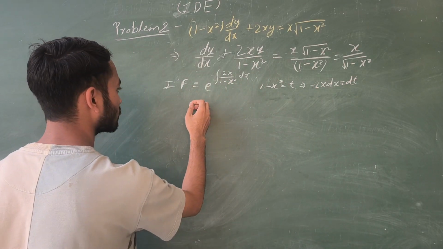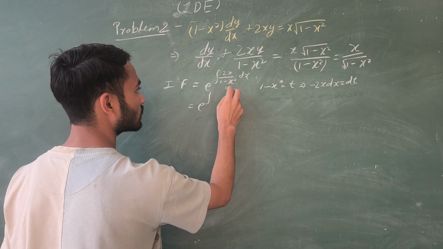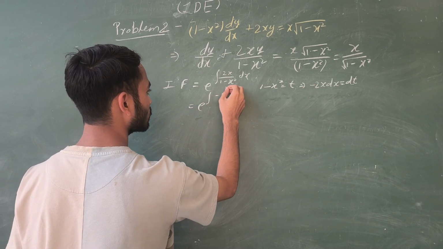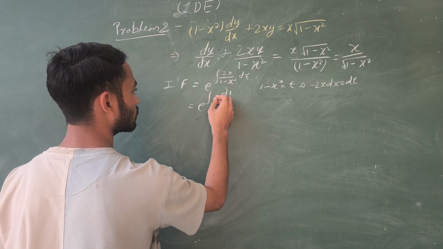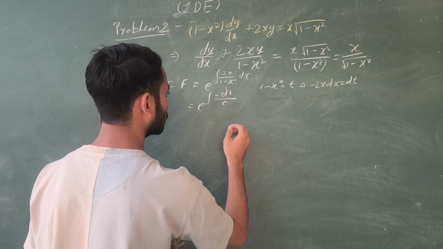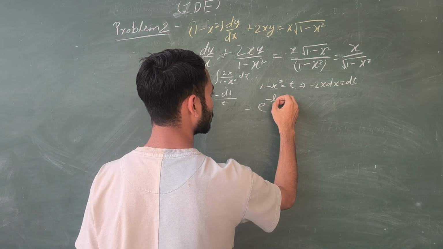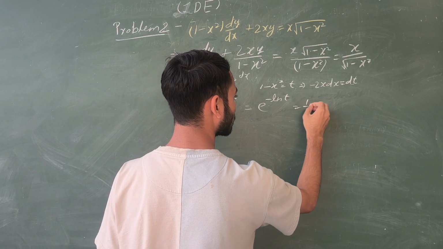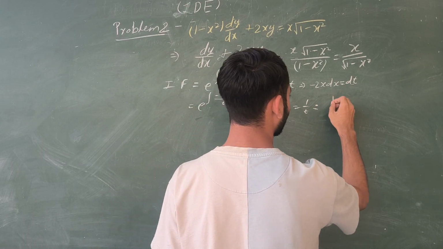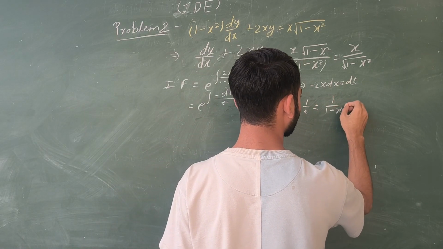So what we will get? e to the power integration of 2x dx is minus dt, and this is simply t. This will be e to the power minus ln t, that will be 1 by t, and t is our 1 by 1 minus x square, right?